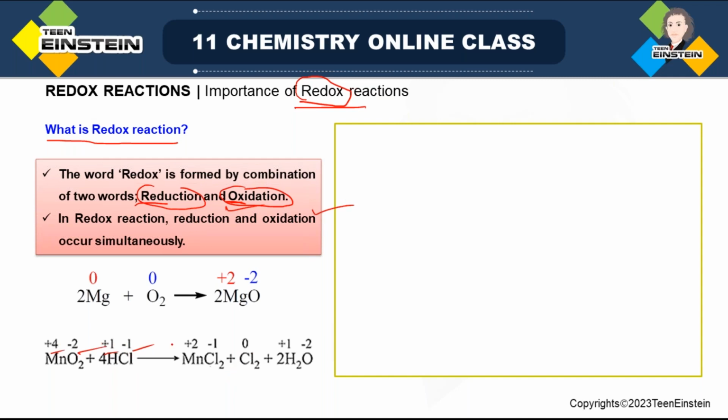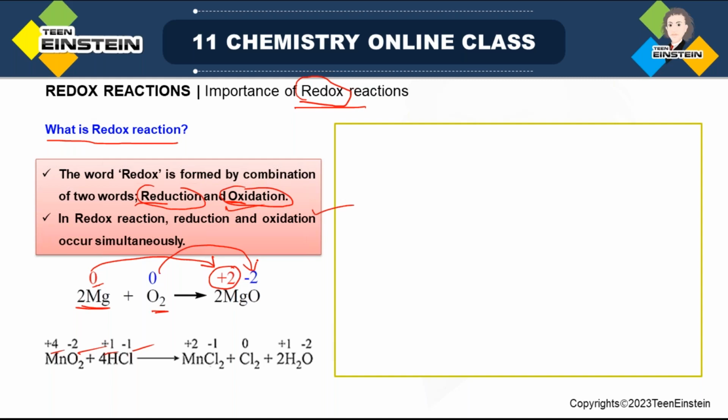But as a preliminary idea, if we say magnesium metal is reacting with oxygen, the oxidation number of magnesium is 0, for oxygen also it is 0, and once the reaction is complete, the oxidation number has changed for magnesium from 0 to +2, and for oxygen from 0 to -2. So there is a change in oxidation state.